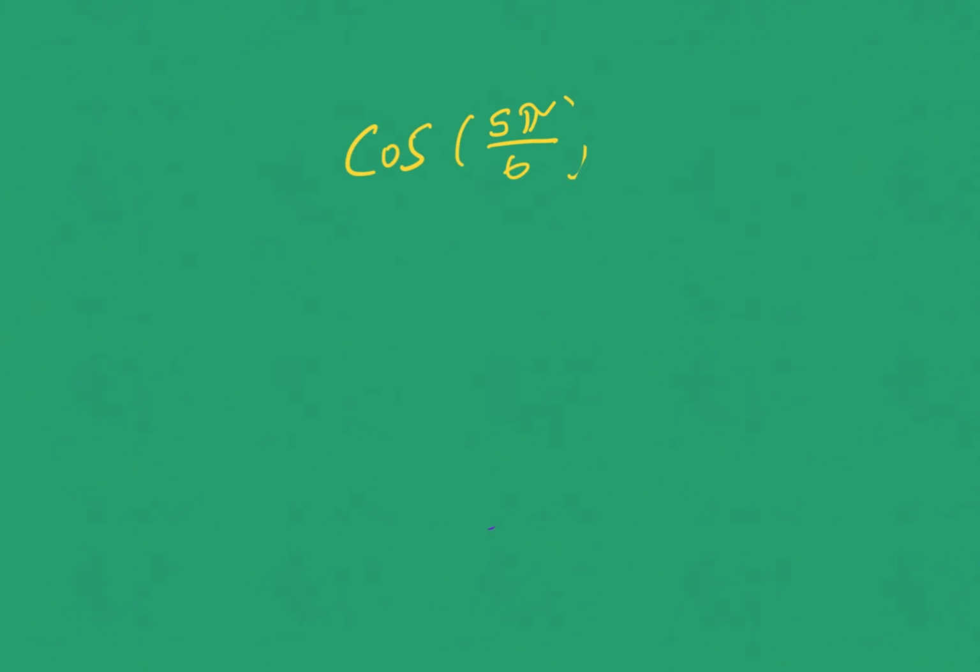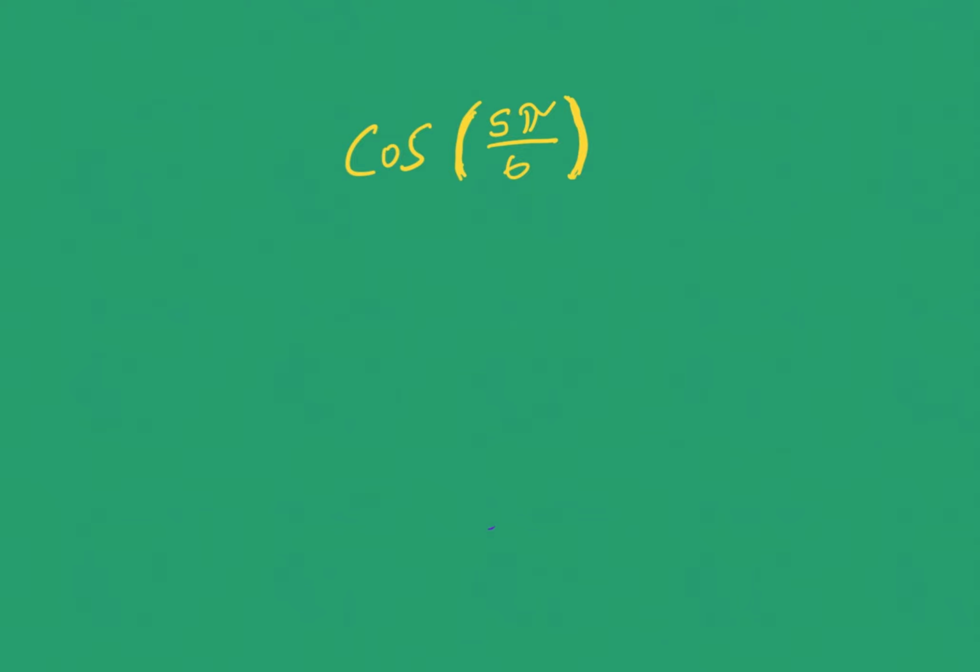Today, what we're going to work on is finding the exact trig ratios for like 5 pi over 6. And how do we go about doing that? So my suggestion to you, 5 pi over 6, do you know exactly where to put it?